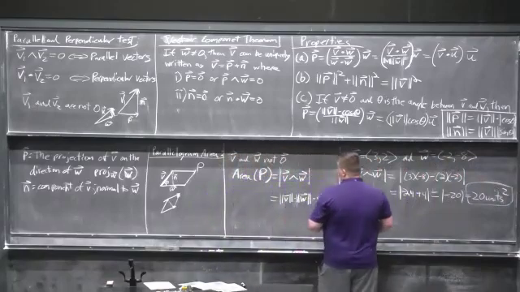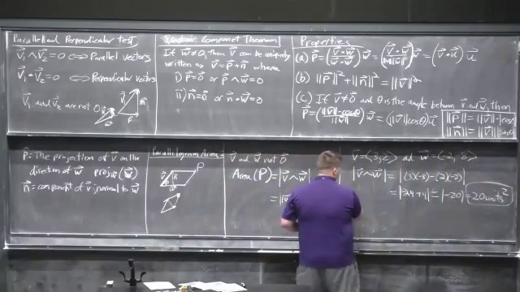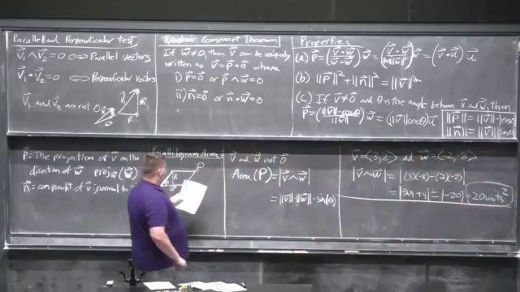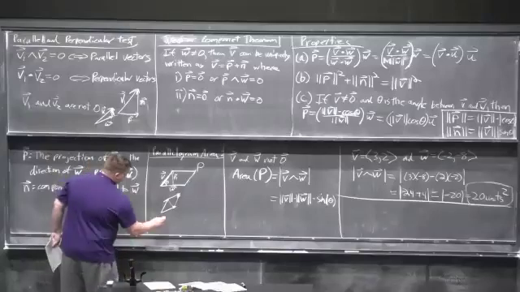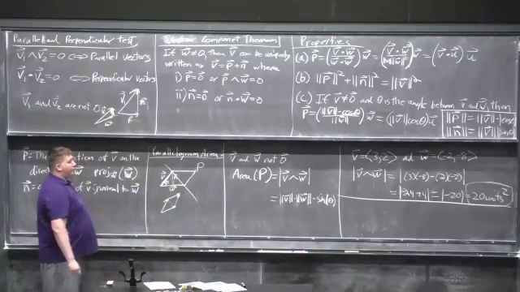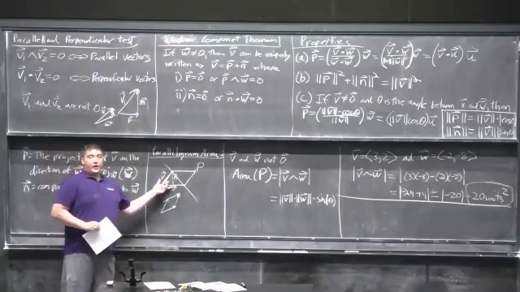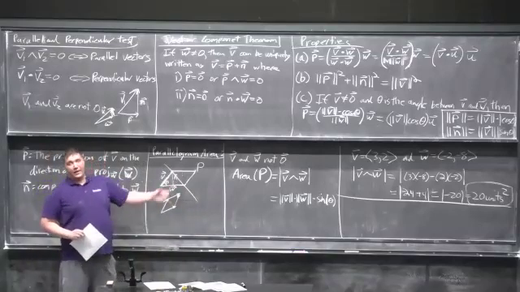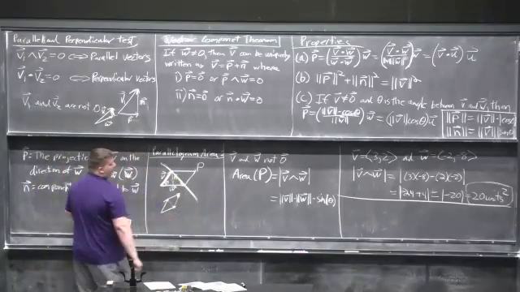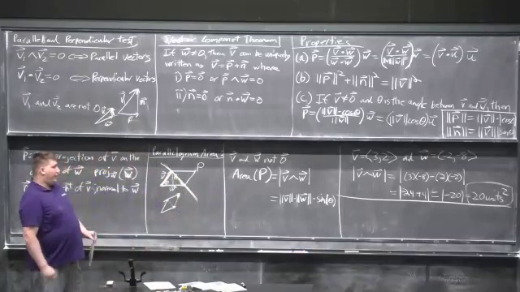The last little thing we can do is this: we found the area of a parallelogram. Well, what if we took this parallelogram and cut it in half? We now have a triangle that has half the area. Here's my W, here's my V. I cut that in half. That's exactly half of the parallelogram.